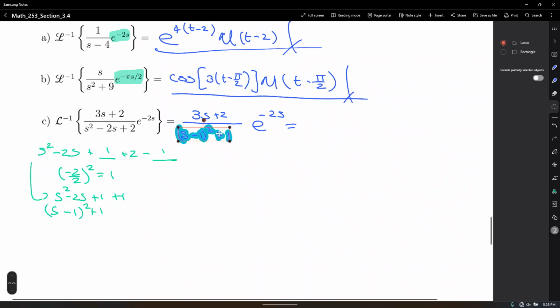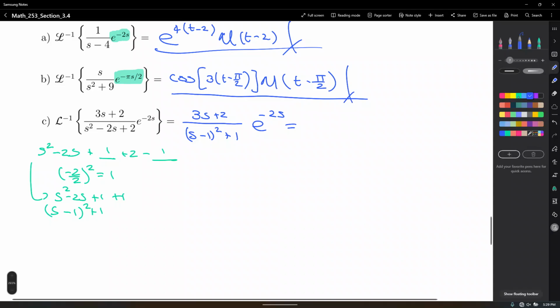If you observe the denominator here, that is actually going to require the first translation theorem, in its inverse form. But here's the thing. Do you see the s right here? It's just an s multiplied by 3.